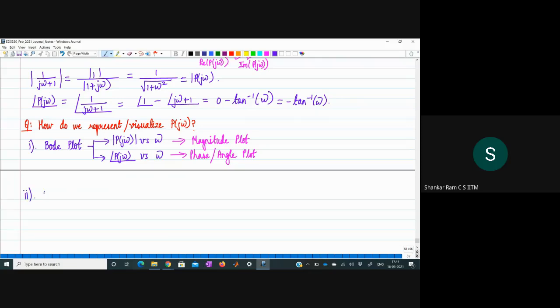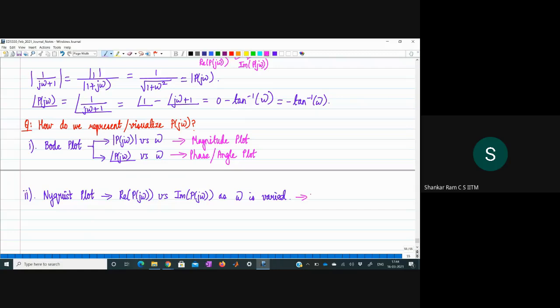The second one is what is called the Nyquist plot. In the Nyquist plot, we plot the real part of P of j omega against the imaginary part of P of j omega as omega is varied. We do this in what is called the P of s plane.